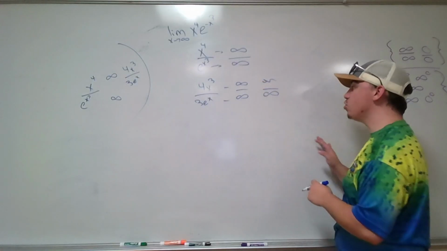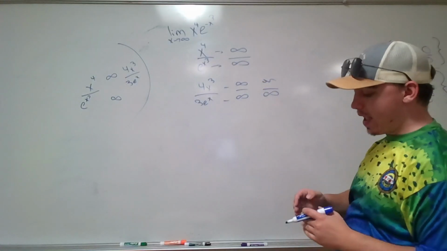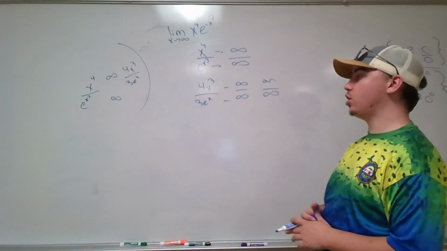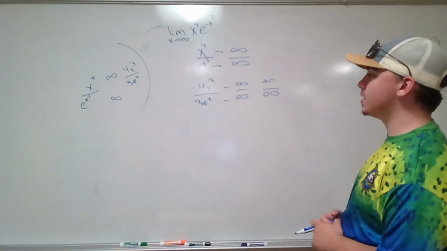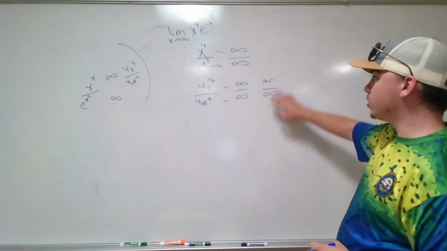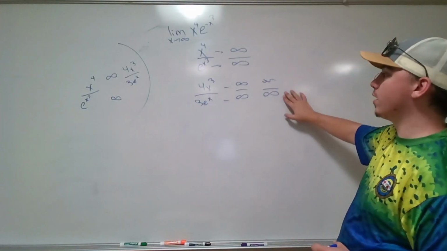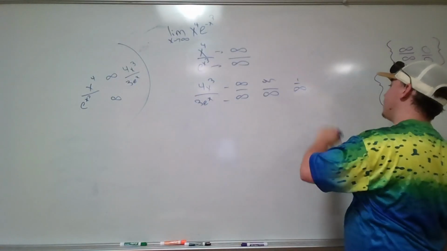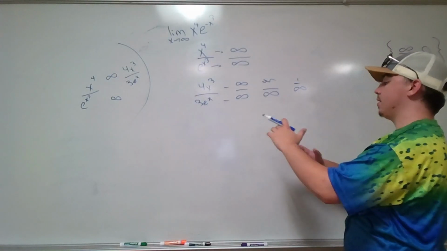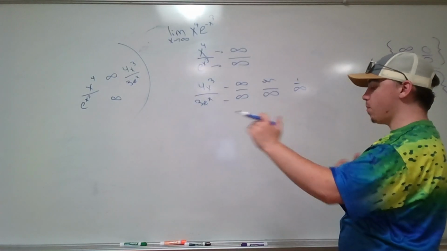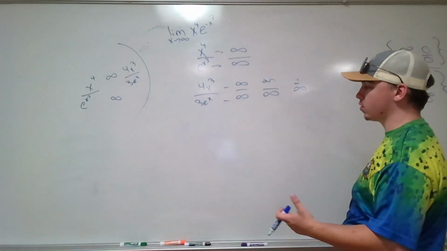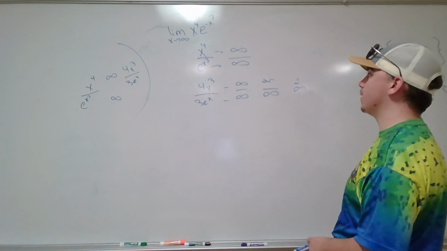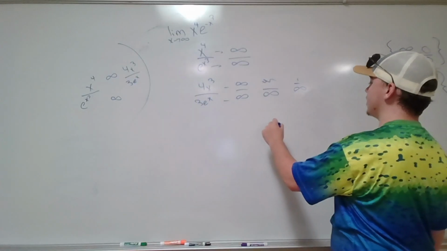You can say this is a super infinity because it's growing at a rate so much faster than our normal exponent or cubic that it's going to end up giving us an arbitrary top number compared to whatever's on the bottom. So we're going to end up with 1 over infinity, because the gap is going to be so big that it's a small number, and our limit is going to be 0.